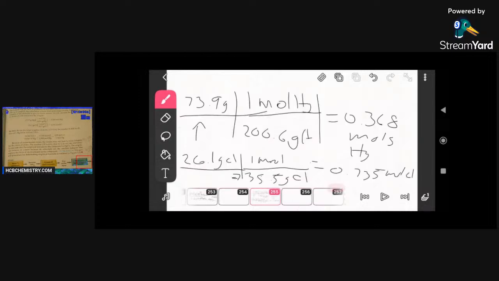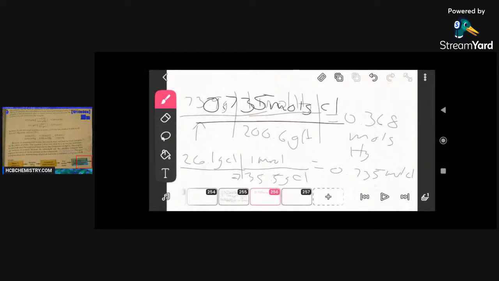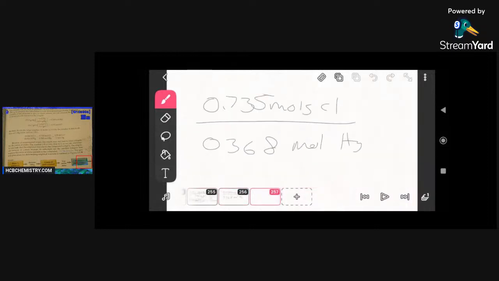They put the bigger one on top. So they went 0.735 moles of Cl over 0.368 moles of Hg. Okay, so this is what they did.